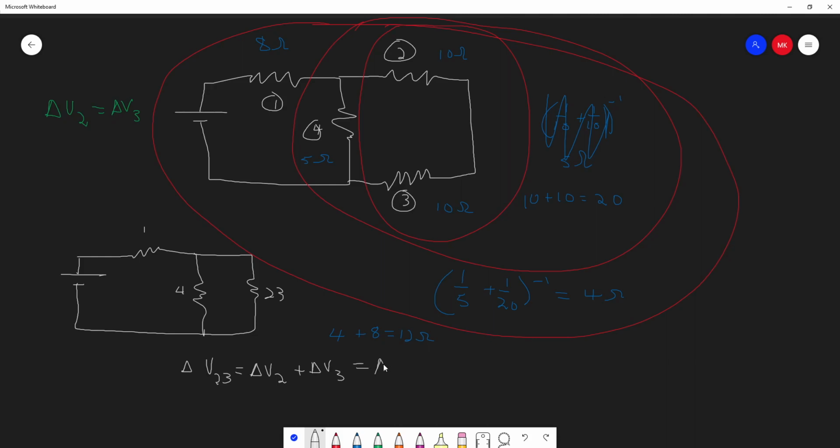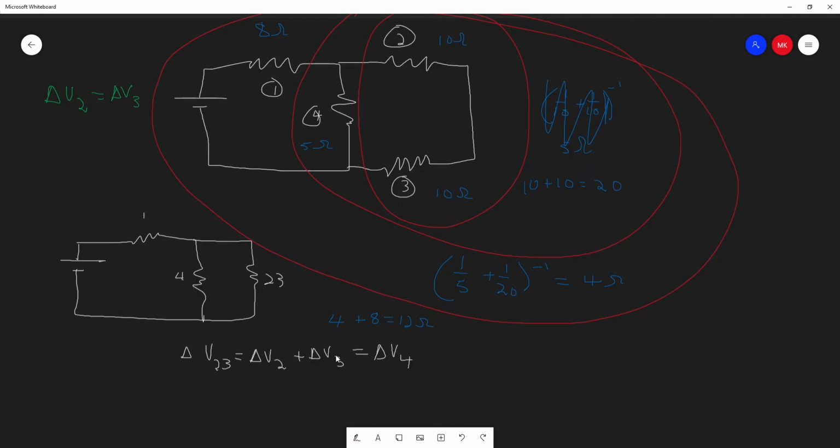And that equals, in this case, the voltage drop across resistor 4. We know since V2 plus V3 equals V4, V4 has to be greater than V2, and V4 has to be greater than V3. So right now we know that delta V4 is greater than delta V2, and delta V2 is equal to delta V3.